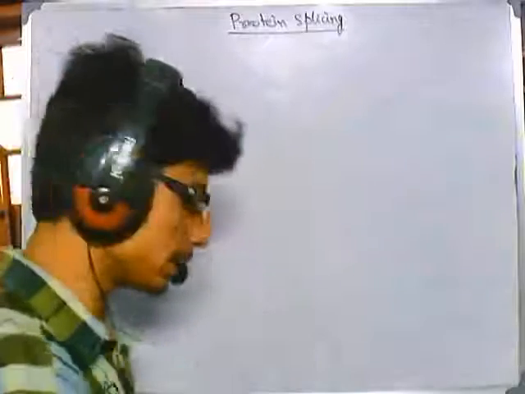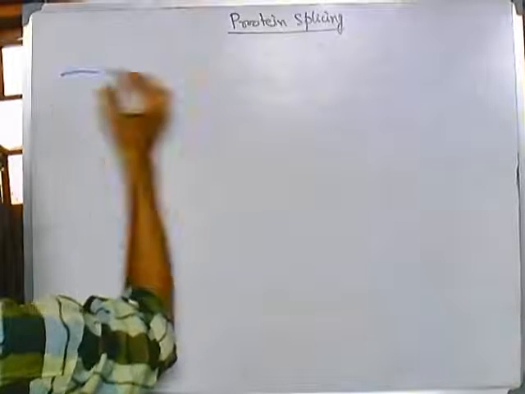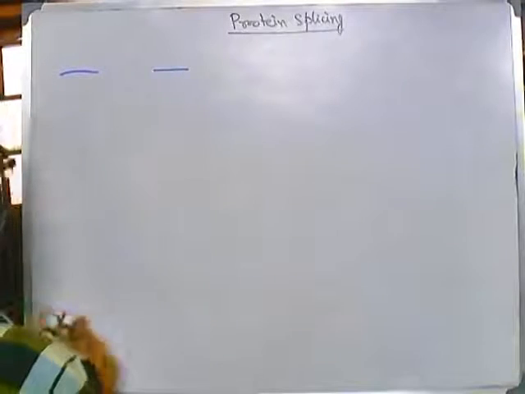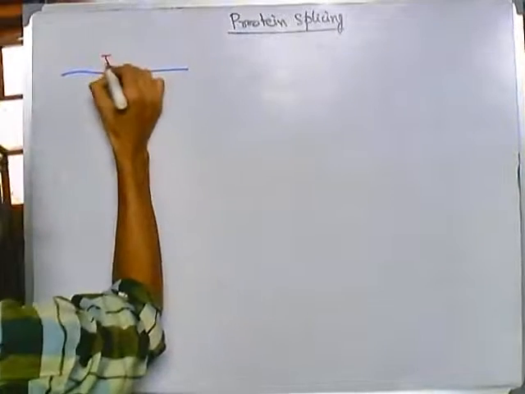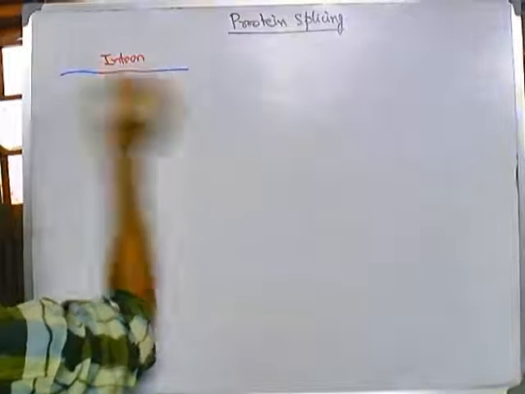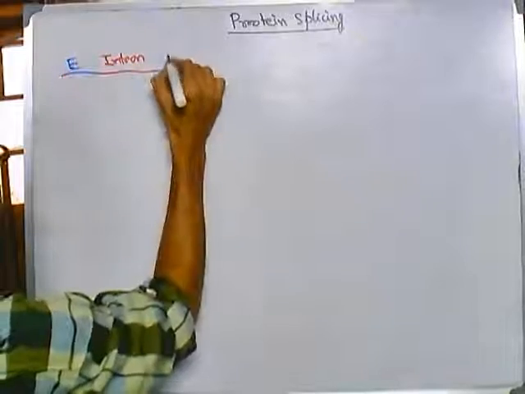Now, the very basic understanding of splicing is this. Suppose we have an mRNA sequence, and let's say this is the mRNA sequence. These two regions are exons, and for example this middle red part is the intron. Let me write here, it is exon, it is also an exon.